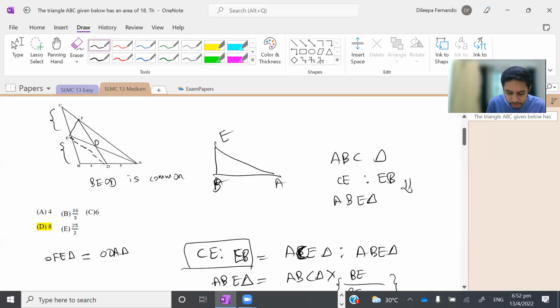And when we add the same triangle again, I can see that AFE triangle area equals AFD triangle area.